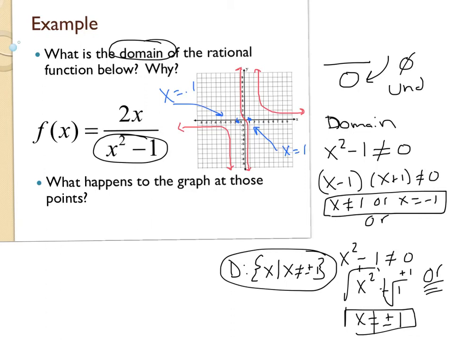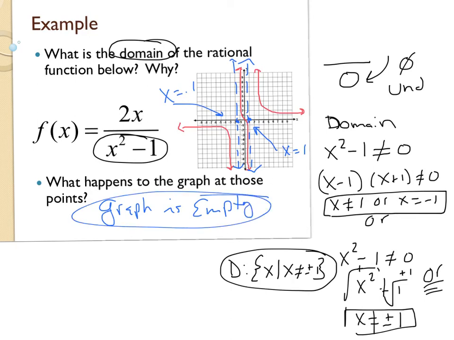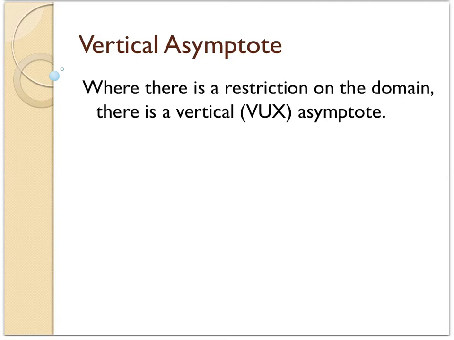And so what we do here is we draw these dashed lines through those points because x cannot equal 1 or -1, so there's no graph that is going to exist at these specific values. So the graph is empty, okay? And what we call these are vertical asymptotes.